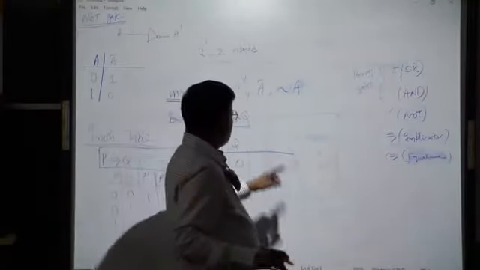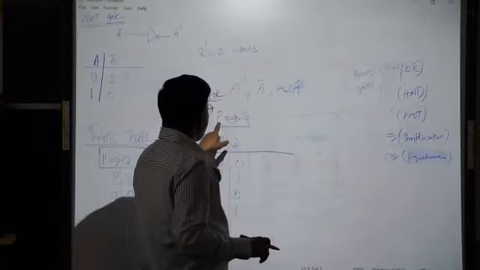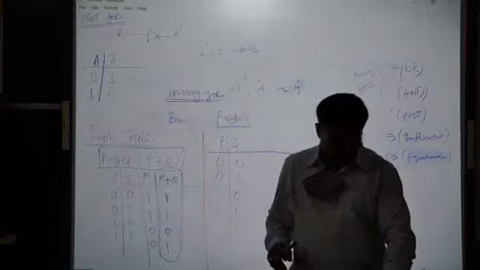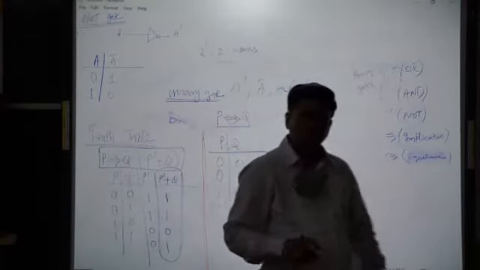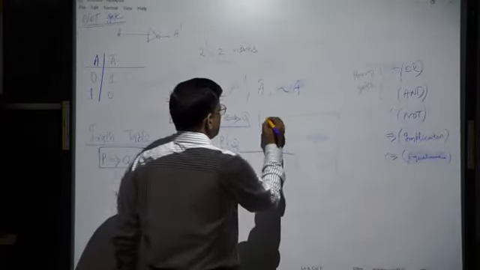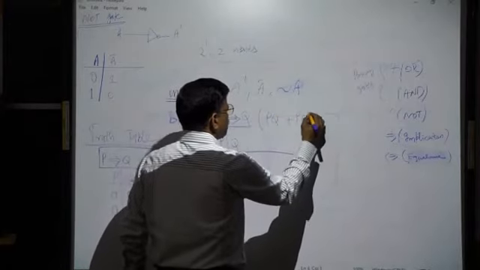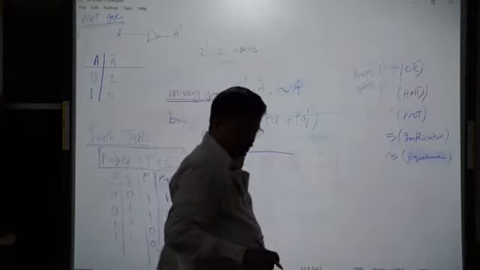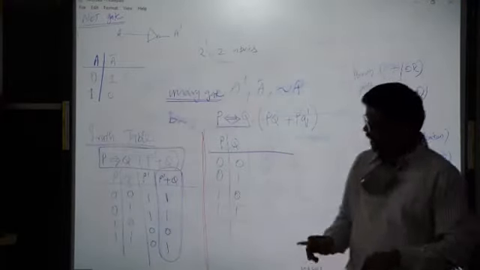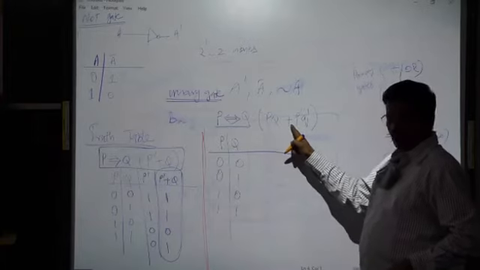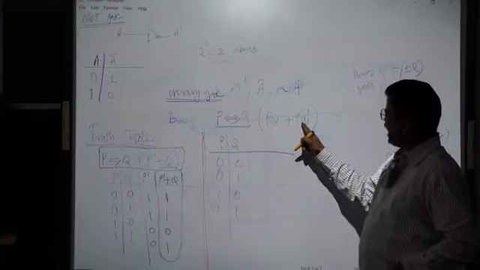Now what does P equivalence Q determine? In other words, this is PQ plus P complement Q complement. I repeat again: PQ, P and Q, or P complement and Q complement.